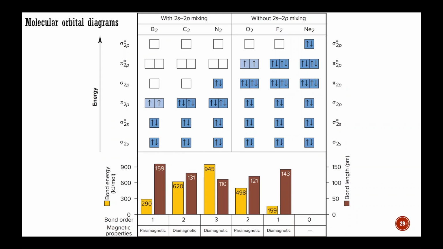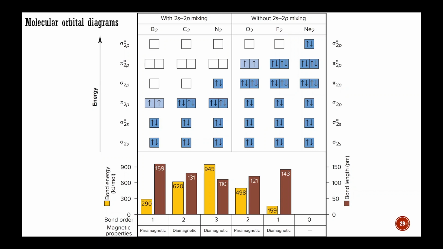hypothetical diatomic molecules of boron, carbon, nitrogen, oxygen, fluorine, and neon. Note that the filling of molecular orbitals follows the same rules as the filling of atomic orbitals, that is, lower energy orbitals fill first. Each orbital accommodates a maximum of 2 electrons with opposite spins, and finally, Hund's rule is obeyed.